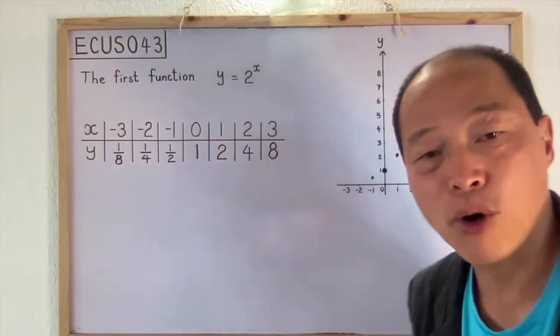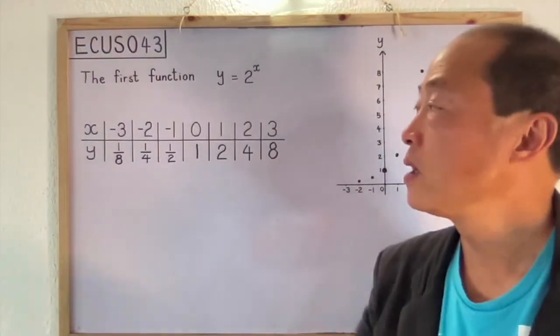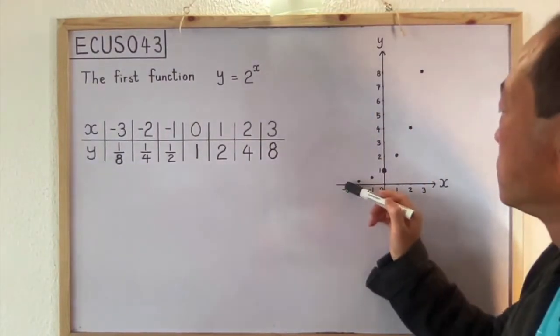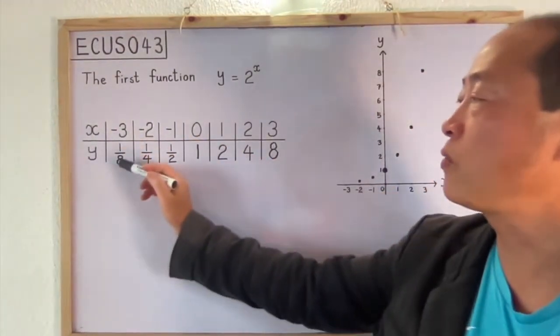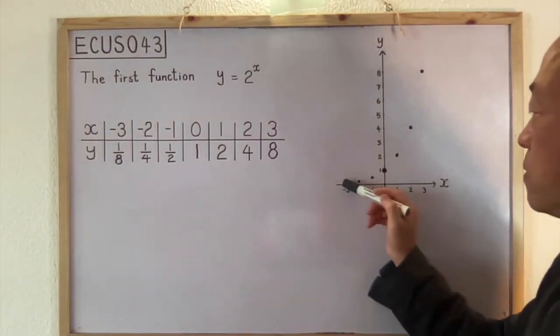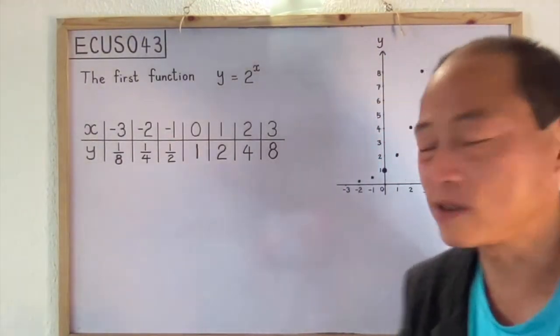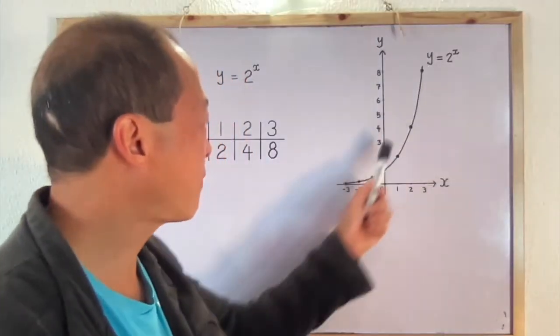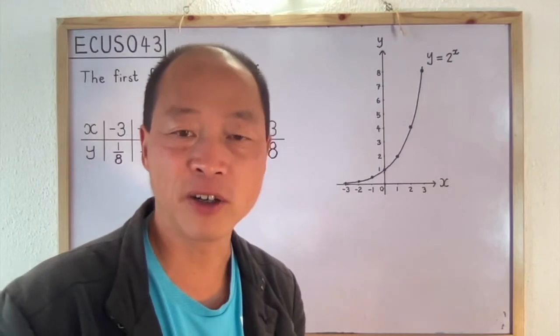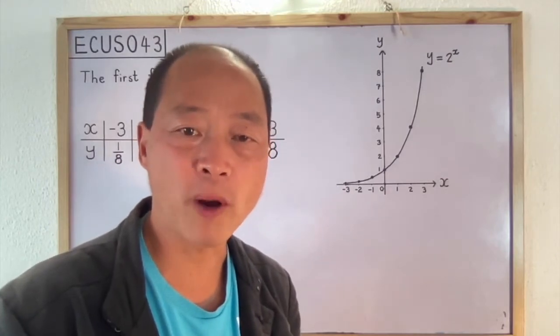We have this point. When x is minus 3, y is 1 over 8. We have this point. This is the graph of y equals 2 to the power x. It is infinitely long. I just draw part of the graph.